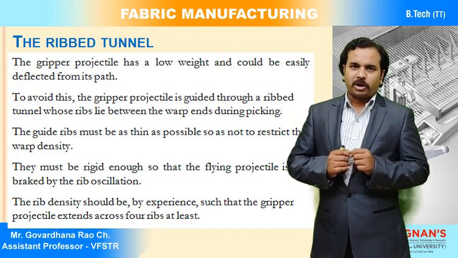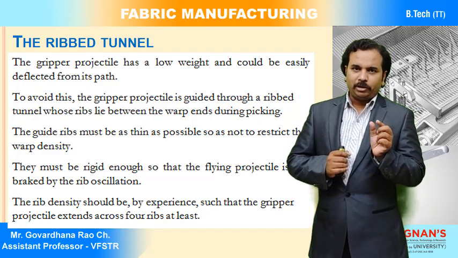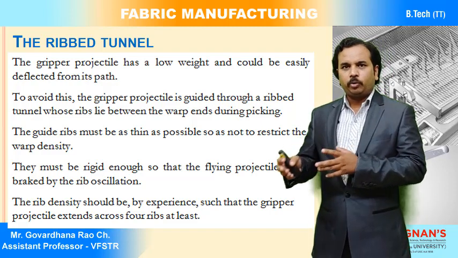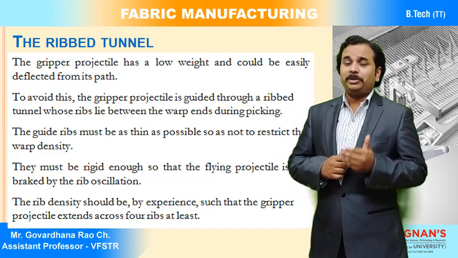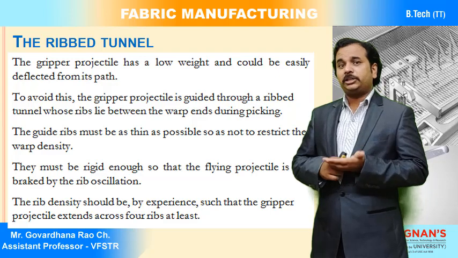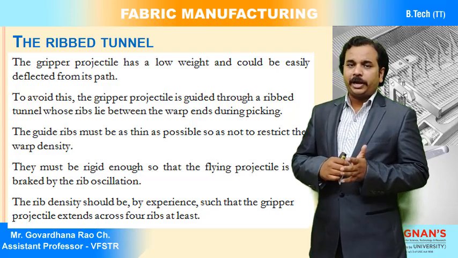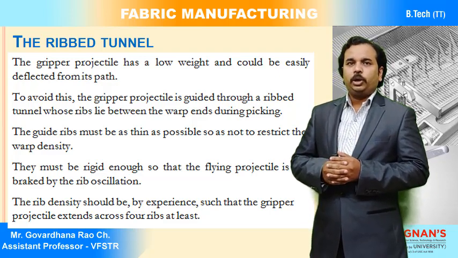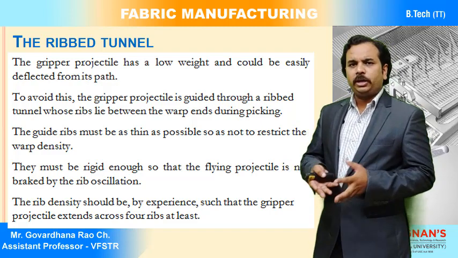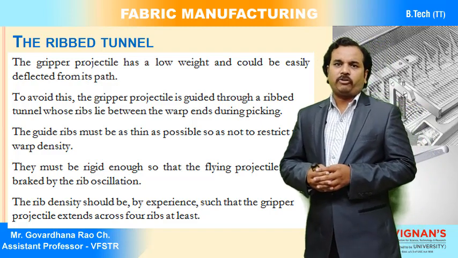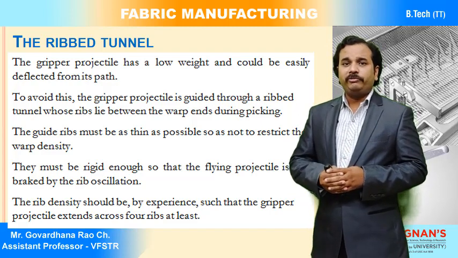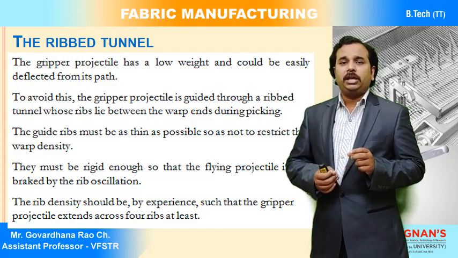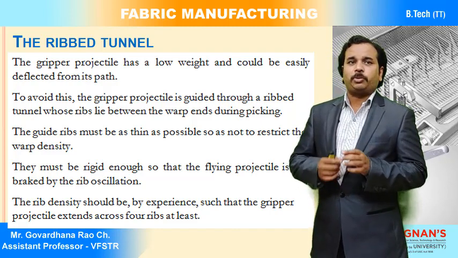If the guides are thick and we go for higher density, there may be chances of end breakages or abrasion between the ribbed guides and the yarn. Because of that, many fabric faults and disturbances will occur while weaving. That is why the guide teeth should be as thin as possible.